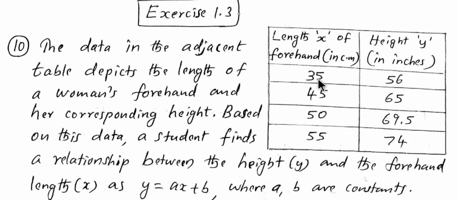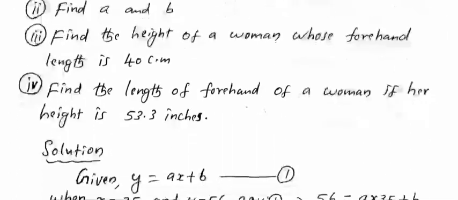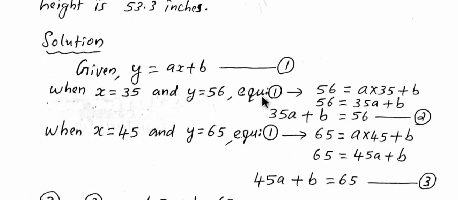When x is equal to 35 and y is equal to 56, equation number 1 becomes 56 is equal to a into 35 plus b. Then simplify. 56 is equal to 35a plus b, or 35a plus b is equal to 56. Put equation number 2.